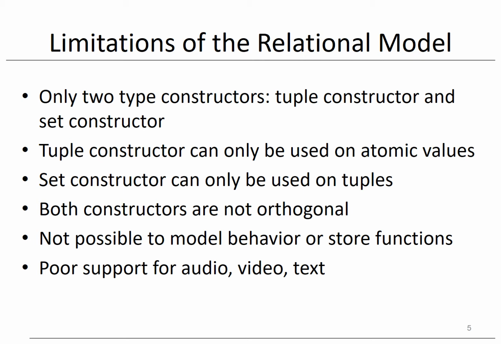Both constructors are not orthogonal and cannot be used in a nested way. In other words, complex objects cannot be directly modeled, but need to be broken down into simple, manageable objects of which the data can then be spread across multiple relations.